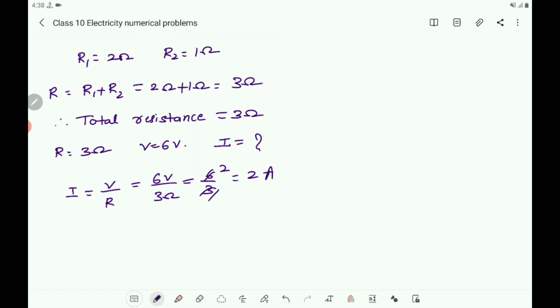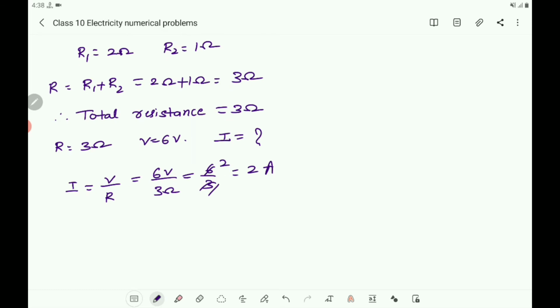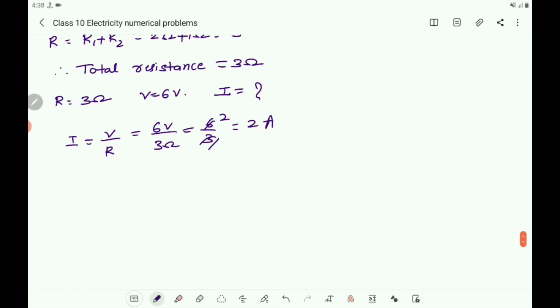So what is the current in the circuit? Current in the circuit is 2 ampere. So you write therefore, current in the circuit is 2 amps.